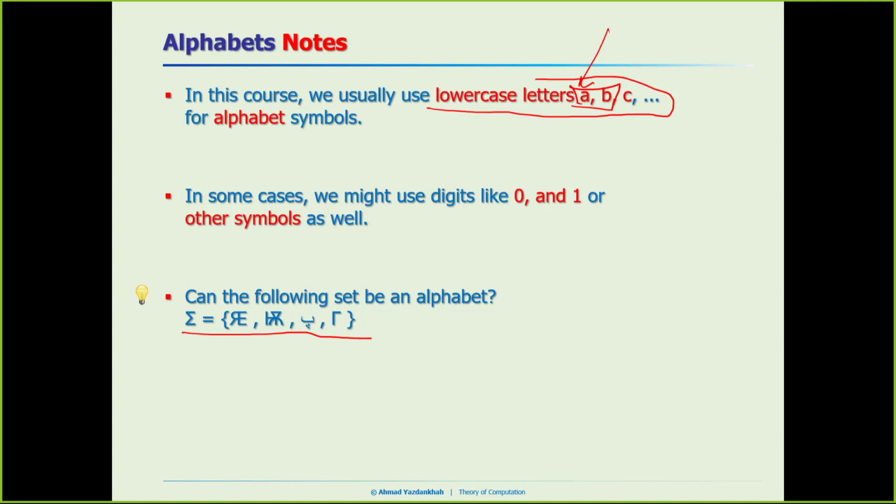We know that this is gamma, a Greek symbol, and this is a Farsi or Persian character, equivalent to P. And absolutely, I have no idea what these two are. I just copied and pasted to make it a little bit scary. As long as it is indivisible, it can be a part of the alphabet. Okay, so we are done with the alphabet.